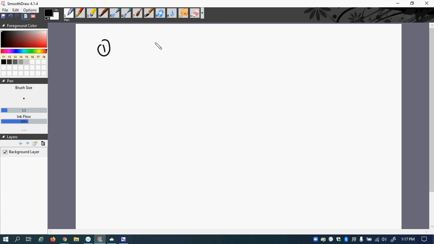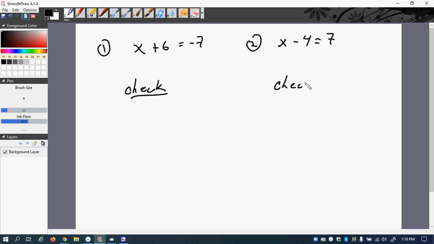So now you, estudiante, you do 4 problemas. First problema to do is x plus 6 equal to negative 7, and then do check. And second, do x minus 4 equal to 7 and do check.